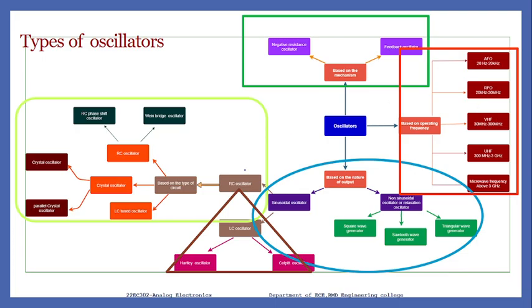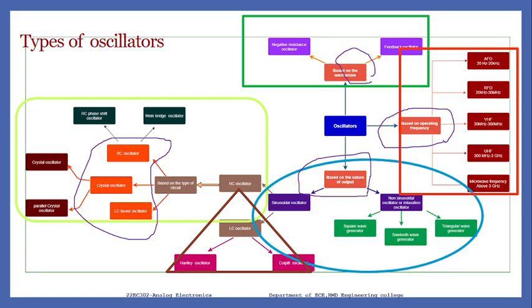There are various types of oscillators depending upon the component used in the feedback, the mechanism we are following, the operating frequency, and the nature of the output. Based upon the mechanism, it may make use of positive feedback or negative resistance property.